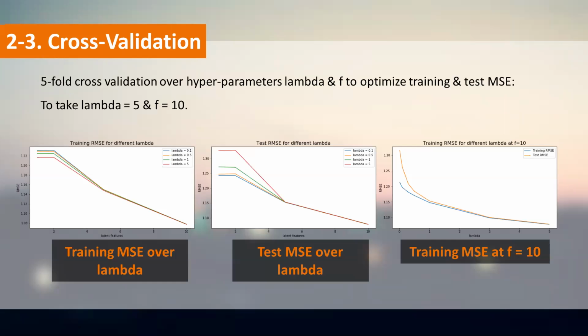So the third part is cross-validation. We basically used 5-fold cross-validation over those hyperparameters. For the original algorithm without post-processing methods, we used this cross-validation, as you can see, and the final answer is lambda equal to 5, f equal to 10.